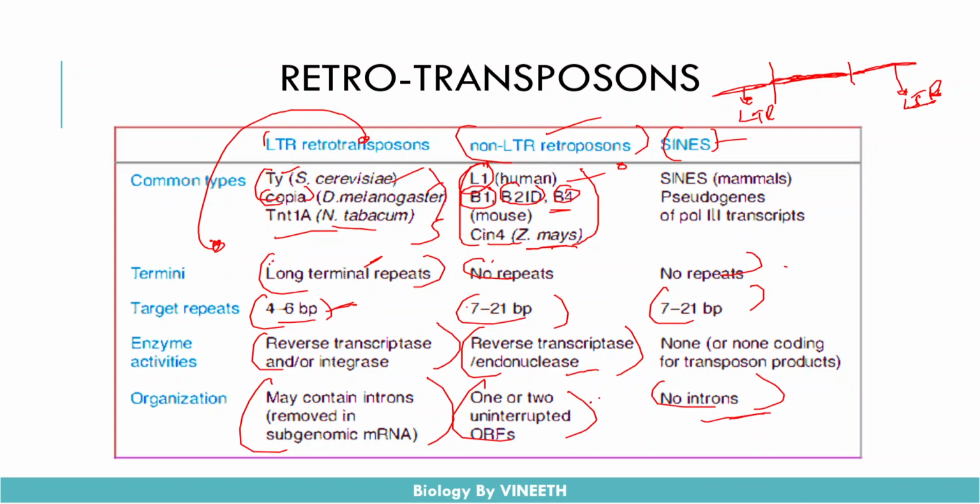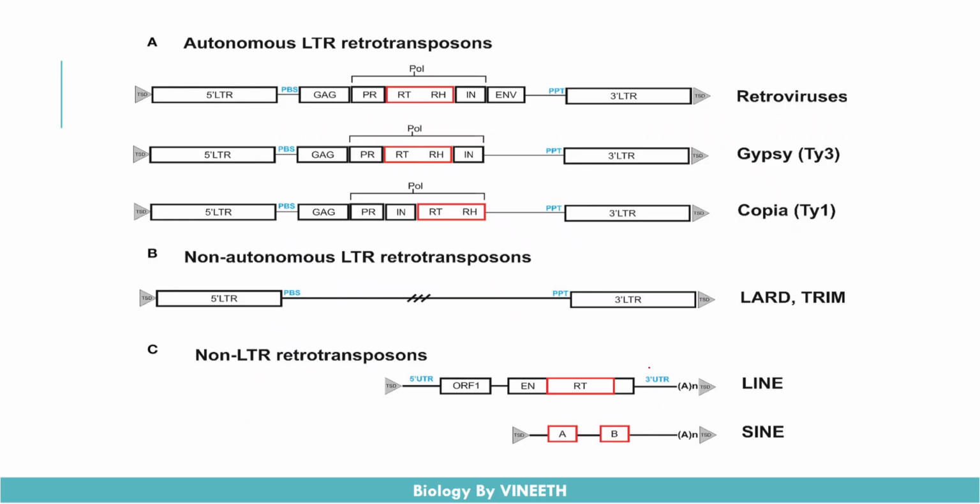So LINEs, which are present in the non-LTR retrotransposon category, are referred to as autonomous retrotransposons, because they can produce their own transposase enzyme, reverse transcriptase enzyme, and also the endonuclease enzyme, while the SINEs are quite dependent on the LINE transposons. So this is the major difference between the LTRs and non-LTRs.